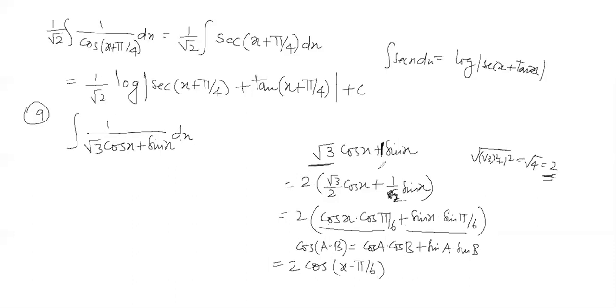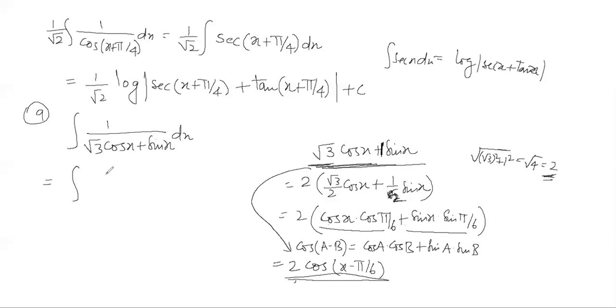After reducing this trigonometric identity, we get its value as 2 cos of x minus pi by 6, right?